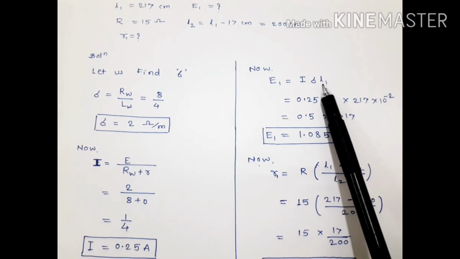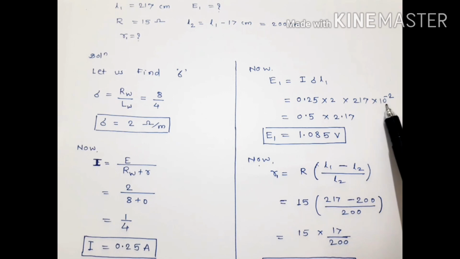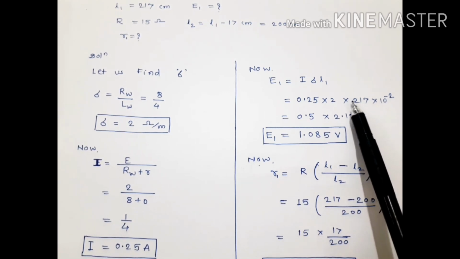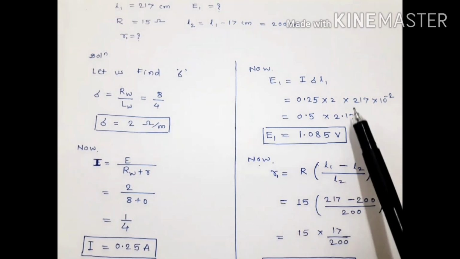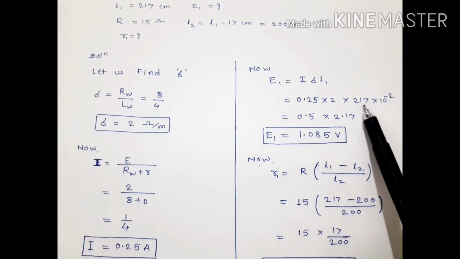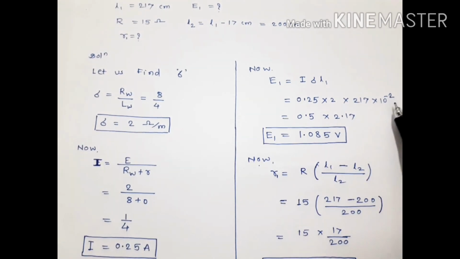For that purpose, L1 is converted into SI, means in meter. L1 is equal to 217 centimeter, means in meter it is equal to 217 into 10 raised to minus 2 meter.